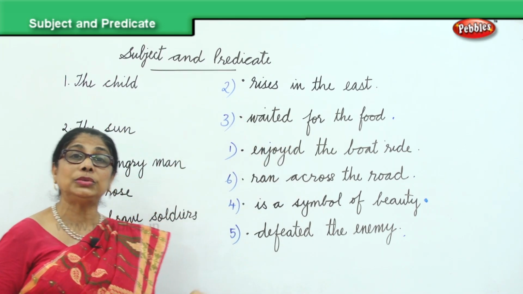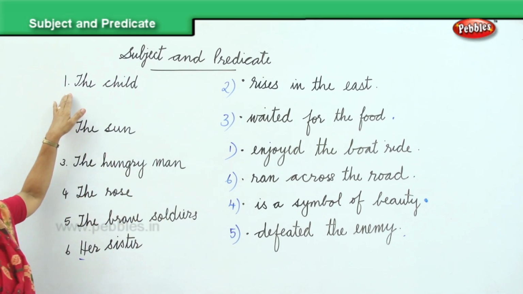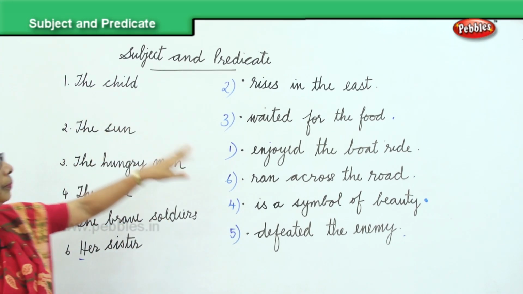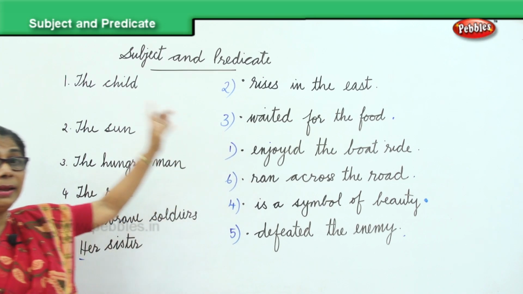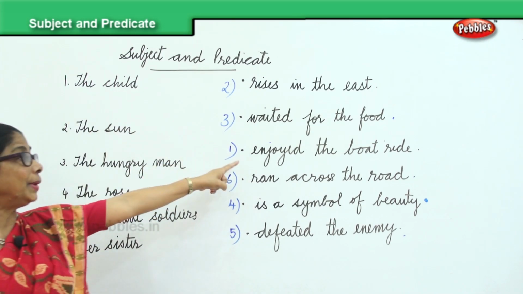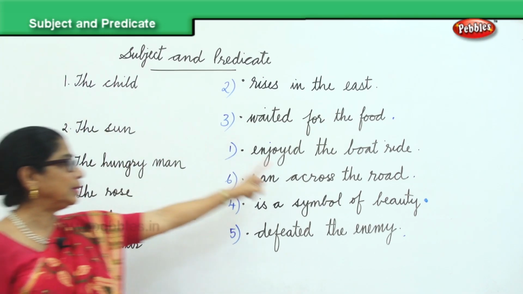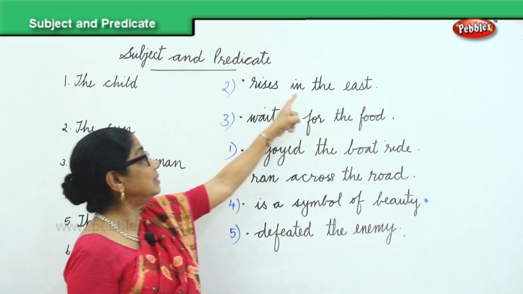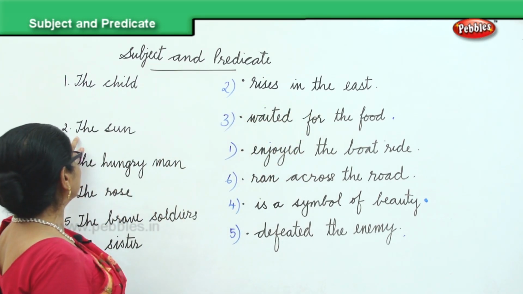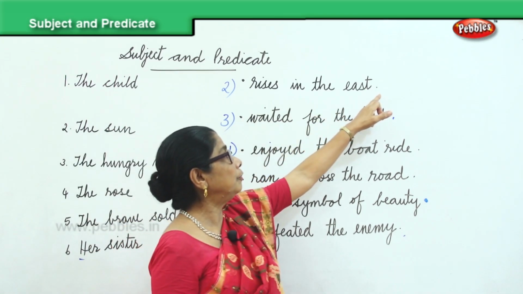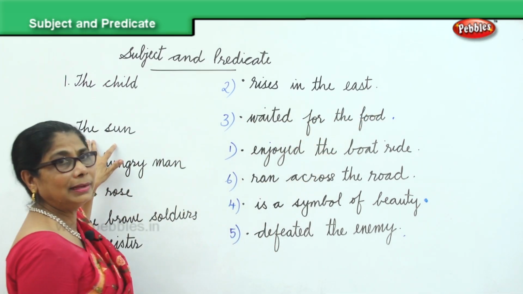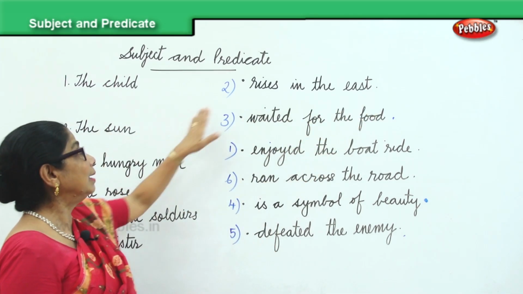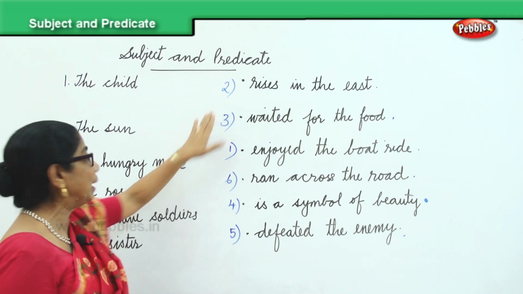Now we are putting the 2 sentences together. Let's go over it again. The child enjoyed the boat ride. Subject, predicate, begins with a capital letter, ends with the full stop. The sun rises in the east. Begins with a capital letter, ends with the full stop. The sun is the subject, rises in the east is the predicate.